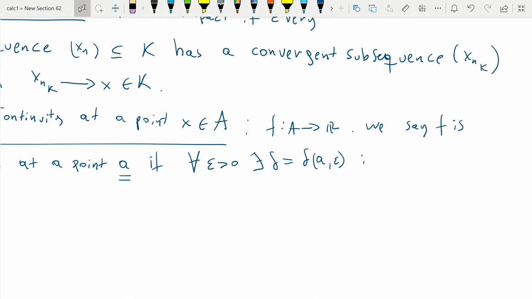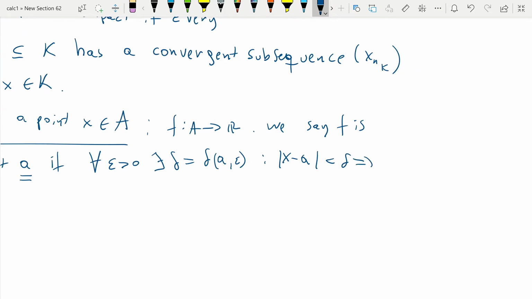So for every epsilon greater than 0, there is a delta. Delta depends on a and epsilon. Remember, such that if |x - a| is smaller than this delta, then |f(x) - f(a)| is smaller than epsilon.